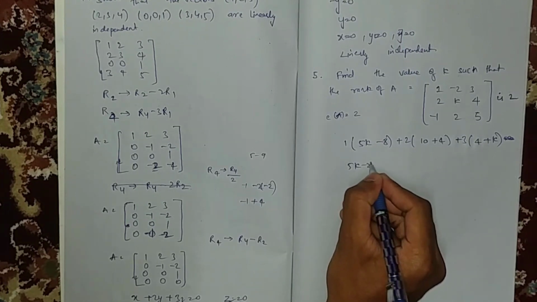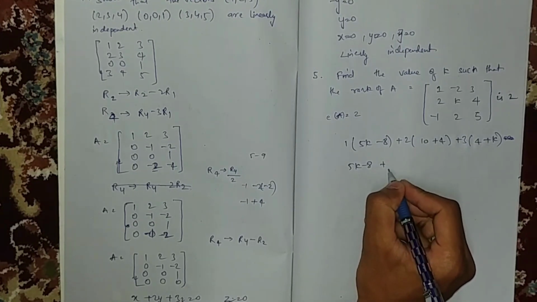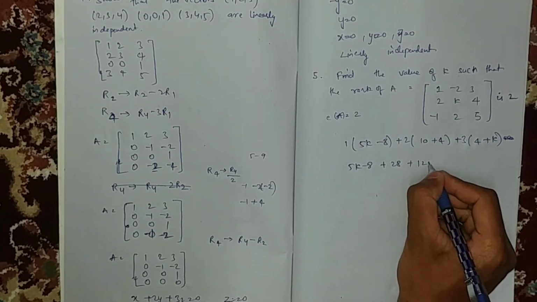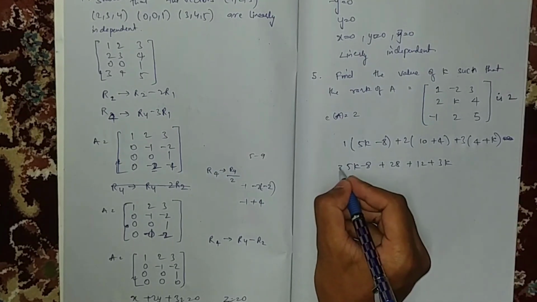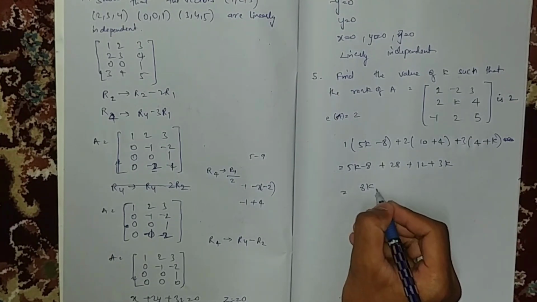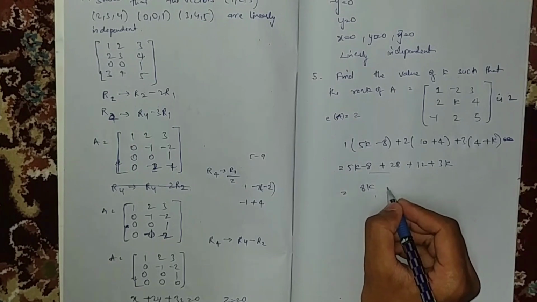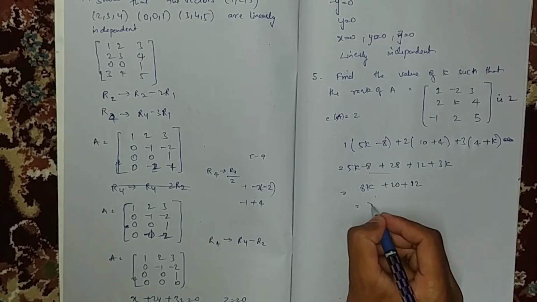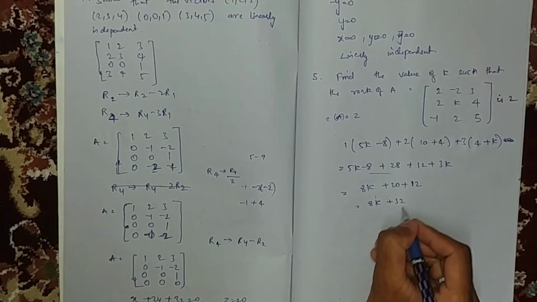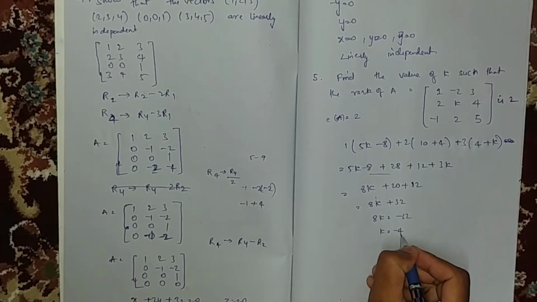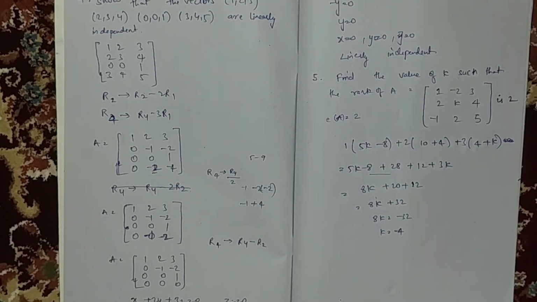So 5k minus 8, 14 plus 2 is 28, 12 plus 3k, 8k, this becomes 20 plus 20 plus 12. Now it becomes 8k plus 32. 8k is equal to minus 32, k is equal to minus 4. So we got the value of k as minus 4.